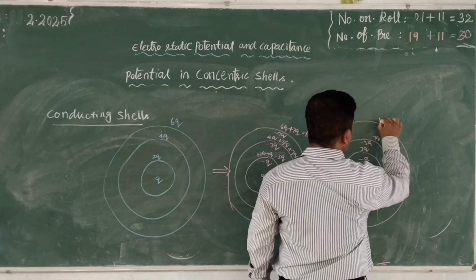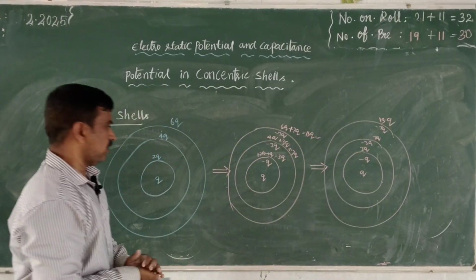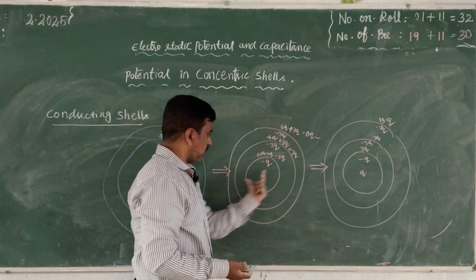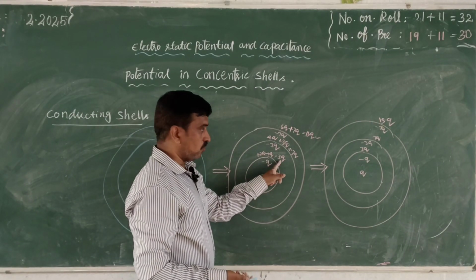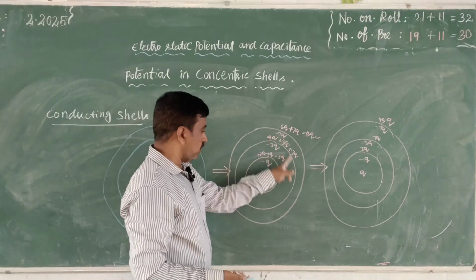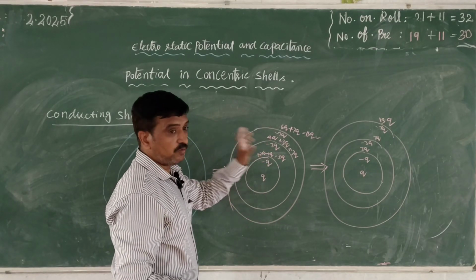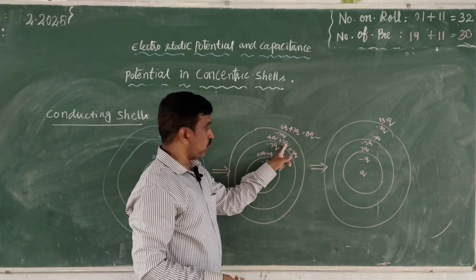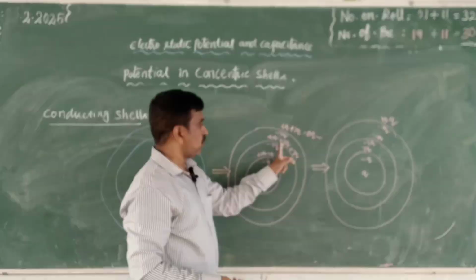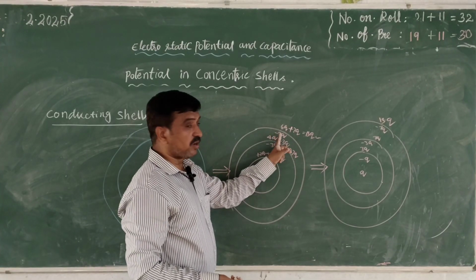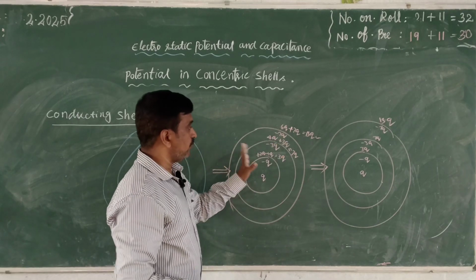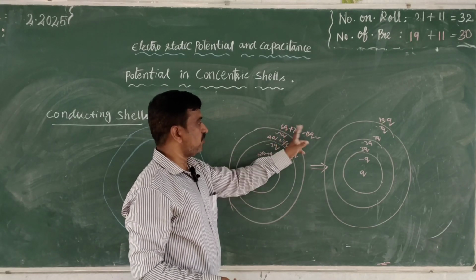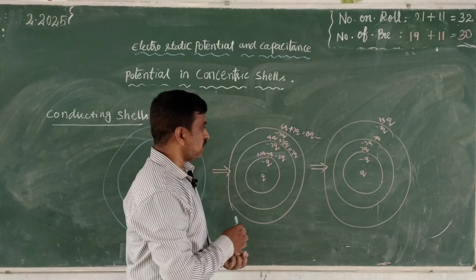Now here q, minus q, then we can select a Gaussian surface, here it will be 0. Here 3q, minus 3q, we can select a Gaussian surface, this will be 0. Here minus 3q, so we can add plus 3q, plus 3 plus 4 is 7q, so 7q is there, means we add minus 7q, then it will be 0. So 7q now, here plus 7q we can add, 6 already is there, 6 plus 7 is 13q. So like this it distributes.